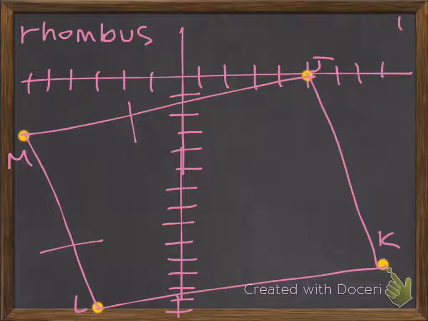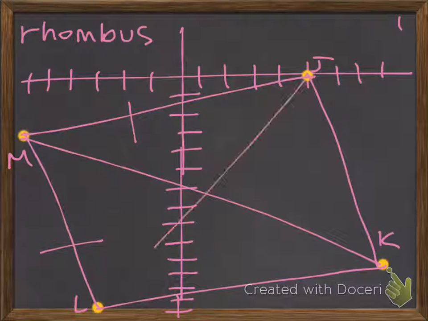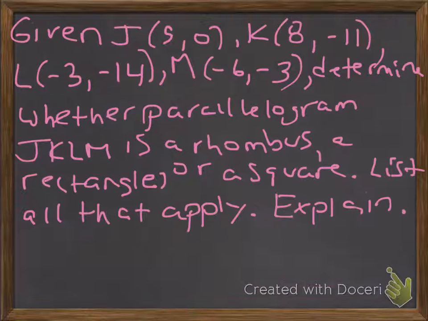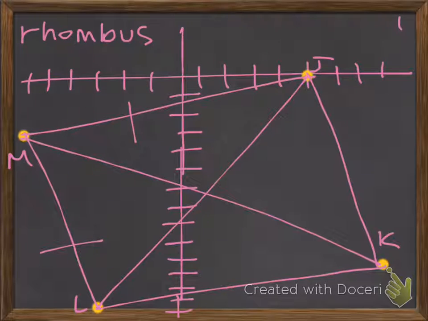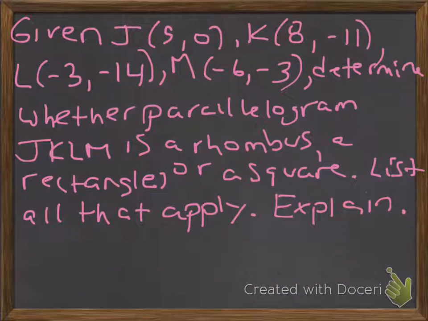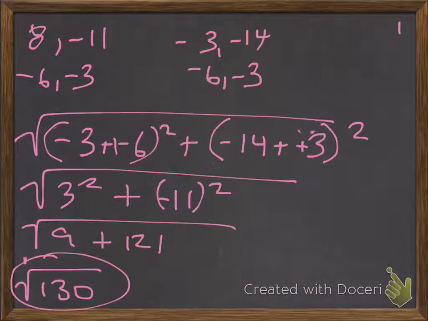So the diagonals being congruent, that would make KM have to be congruent to JL, so distance formula again. KM, 8, negative 11. And LJ is negative 3, negative 14, 5, 0.